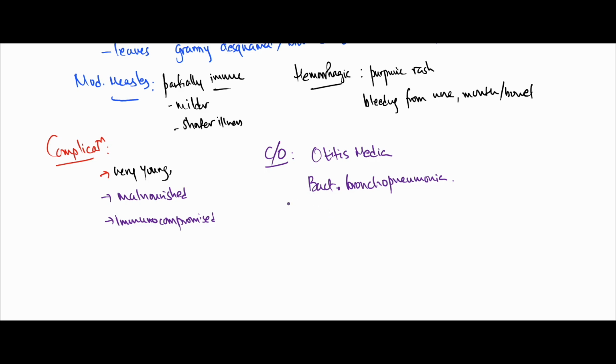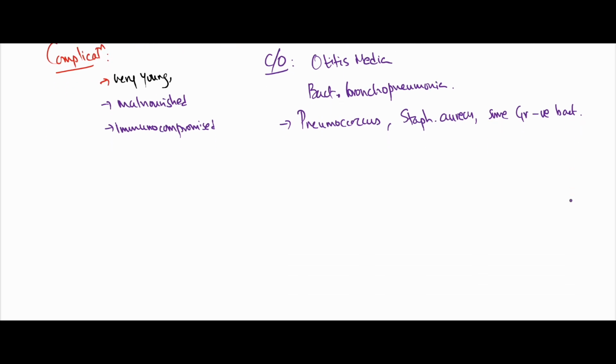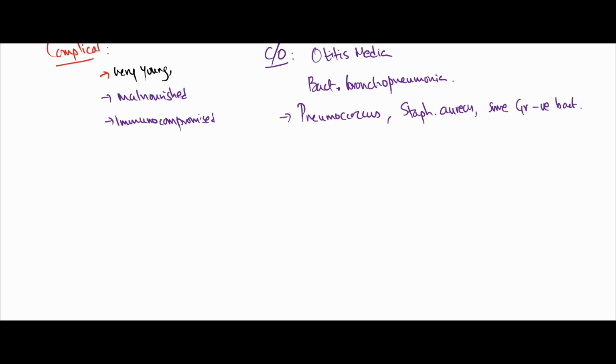So what are the common organisms affecting it? Some of them are pneumococcus, Staph aureus, and some gram-negative bacteria. Now we'll go on to describe some of the respiratory complications.